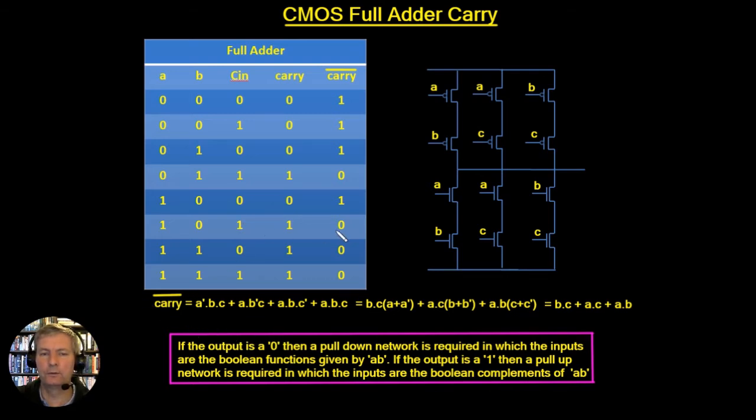So in terms of the pull-down network, as we say, we've worked through this before. If we were to take the not carry, so this is the not carry here, and we were to look at the values for the output being 0, so this is in effect the same sort of process we would do whenever we were looking at the NMOS pull-down. We would have a 0 here.